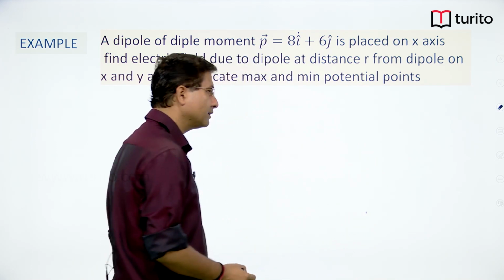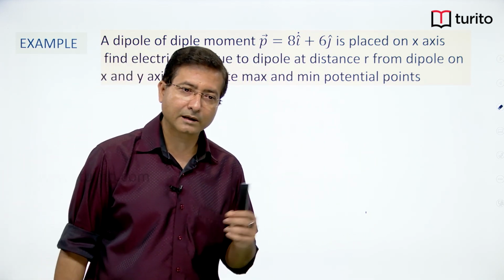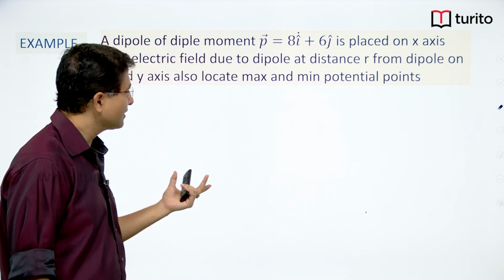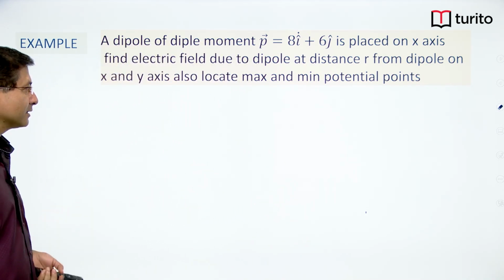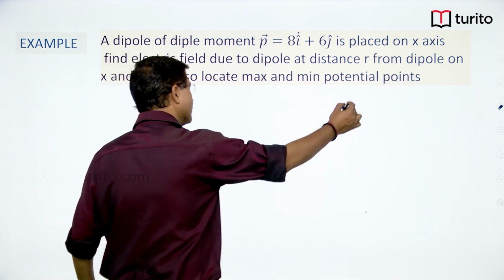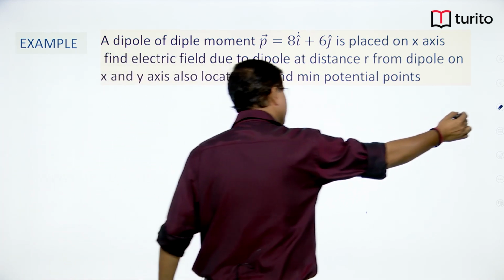Now instead of saying that there is a single dipole kept in a space and it is given in vector form 6i plus 8j or 8i plus 6j, if I say there are two dipoles placed, so now we have got two dipoles in a space.